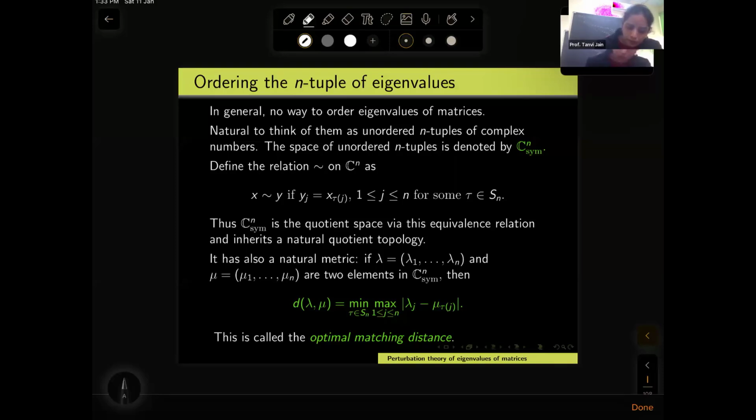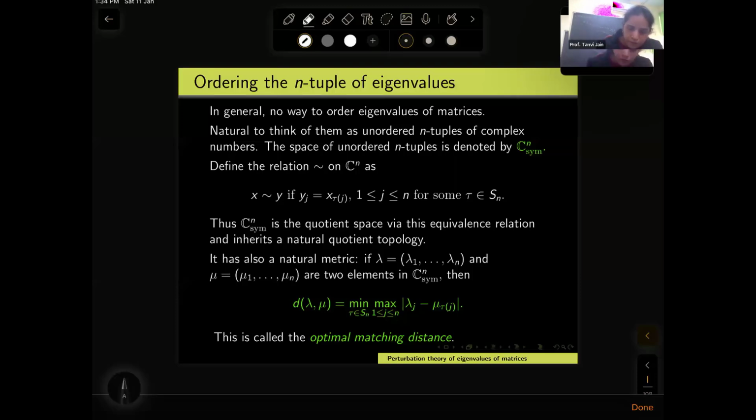It is the minimum over all permutations and the maximum over j of |x_j minus y_{tau(j)}|. So basically, we take the distance between the n-tuples with all the permutations and take the minimum over all permutations. This is the optimal matching distance.